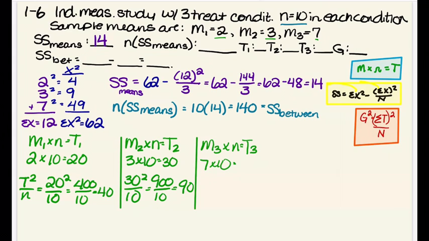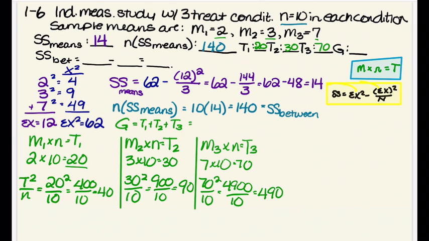Our third mean multiplied by n gives us a value of 70, and our T squared divided by n equals 490. Now, to calculate G, or our grand total, we'll add T1 plus T2 and T3, and we'll come up with a value of 120.